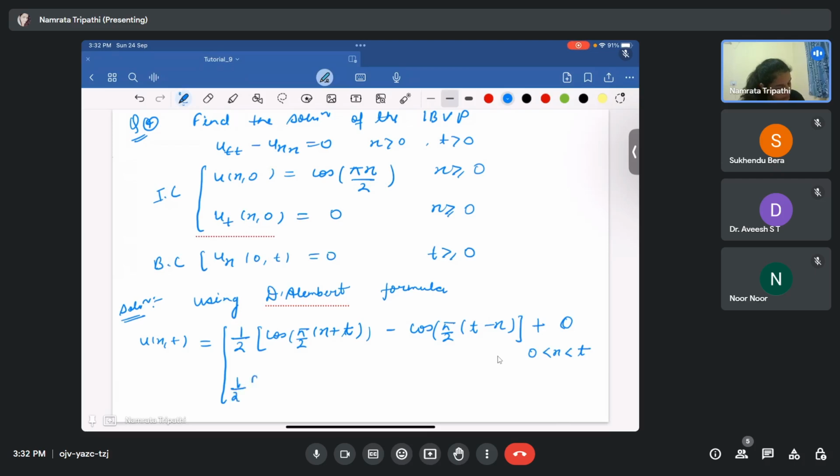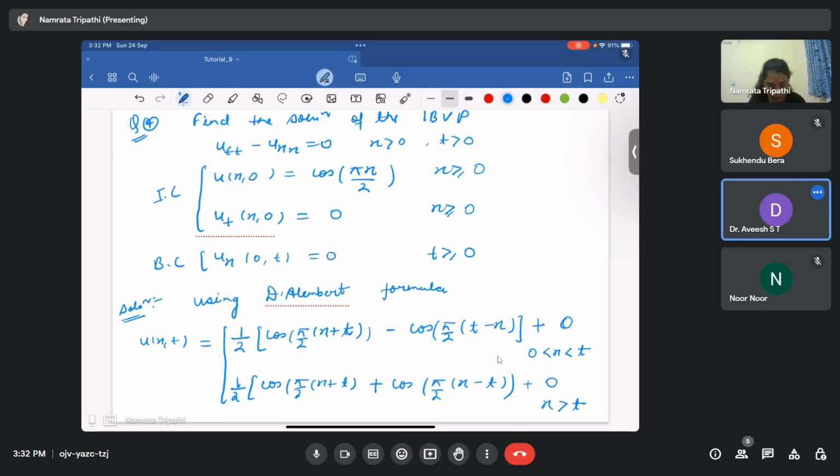Another expression is cos of pi by 2 of x plus t plus cos of pi by 2 of x minus t, plus here 0. Fine.